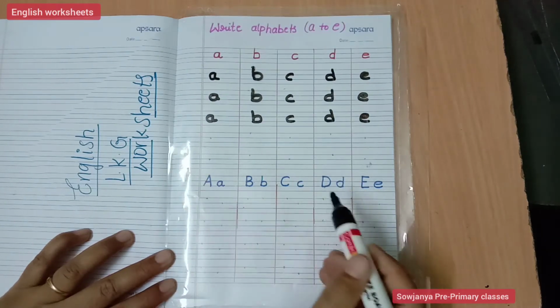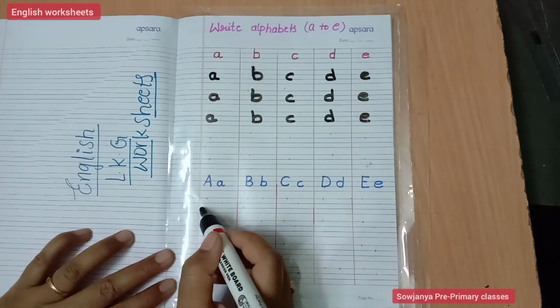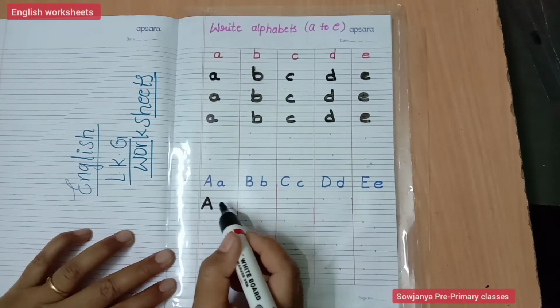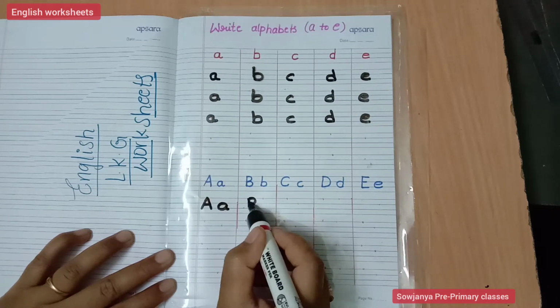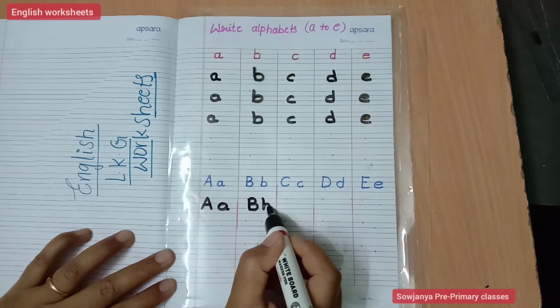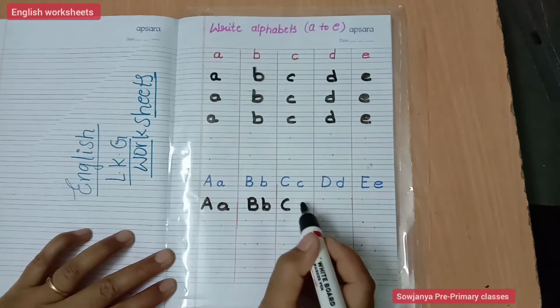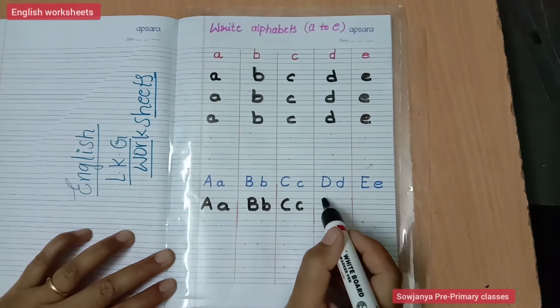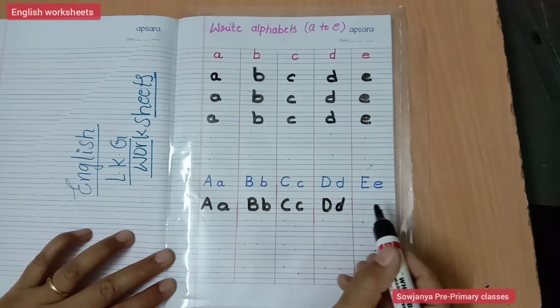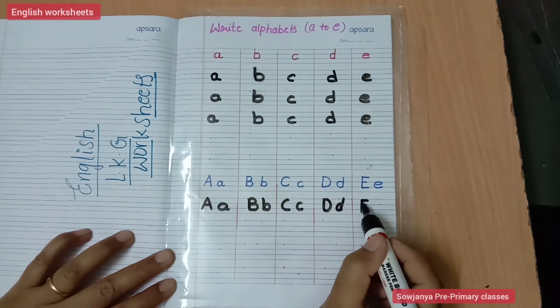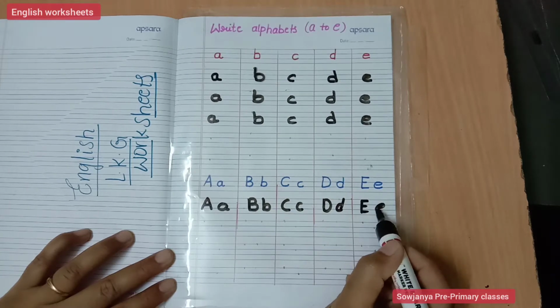See, now we'll write capital A, small a, and these all also. Capital A, small a. Capital B, small b. Capital C, small c. Capital D, small d. Capital E, small e.